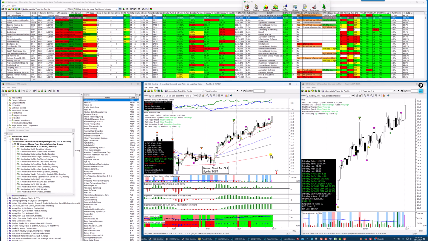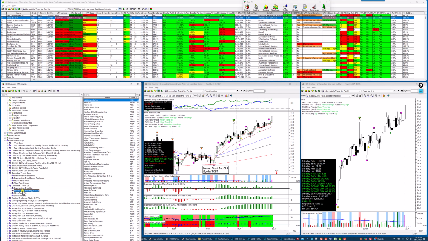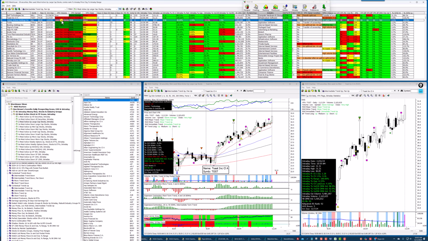The 200, the 100, the 50, and the 18 are all stacked properly. And if the 3 is above the 6, as it is here, because it is in this category right here, intermediate trend fan up, which I'm looking at right here, you know, these are very strong stocks. Let's run through some of these.